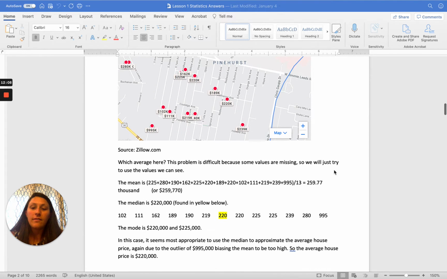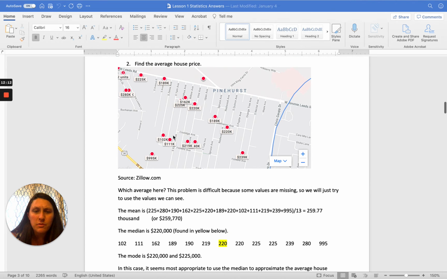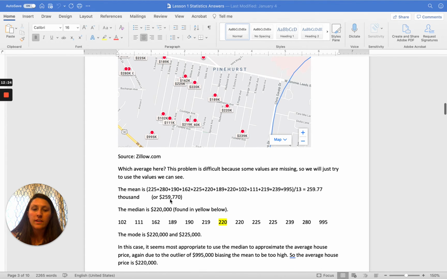So if you want to find the mean, though, I did it for you. I took the house prices that I could see, because some of them are kind of covered up. But I took all of them that I could see, I added them all up, and then I divided by the number of houses that I had there, which was 13. And so I got 259,000 for the mean, which isn't too bad, but it's higher than it should be because this outlier here is biasing the average.